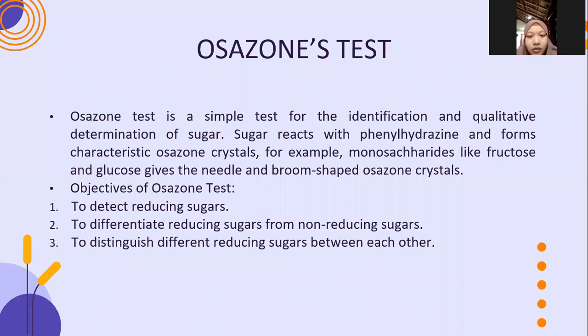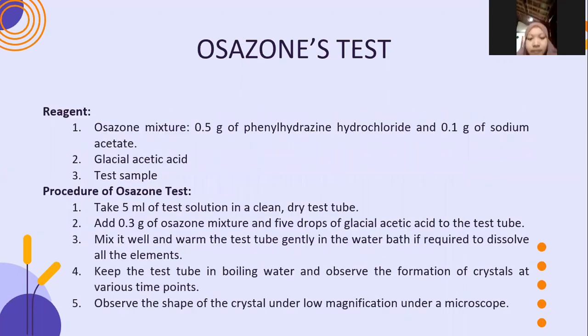Number 3, to distinguish different reducing sugars from each other. The reagents: number 1, phenylhydrazine hydrochloride and 0.1 gram of sodium acetate. Number 2, glacial acetic acid. Number 3, test sample.